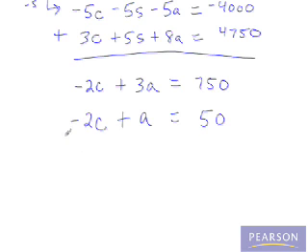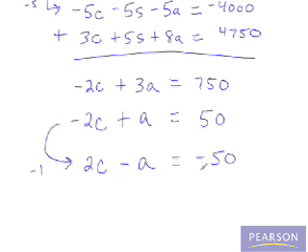Let's multiply the bottom equation by -1, which means I'm simply changing the sign of all 3 terms, giving us a positive 2C, a -A, and a -50. And we'll take our top equation and add it to our new equation.